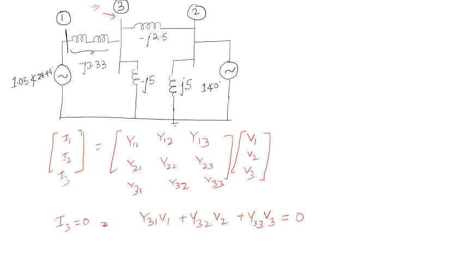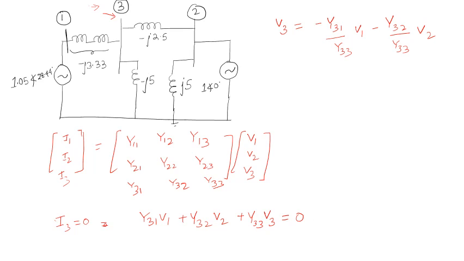And if you rearrange, I can write V3 is equal to minus Y31 upon Y33 V1 minus Y32 upon Y33 V2. This is how I will reduce.